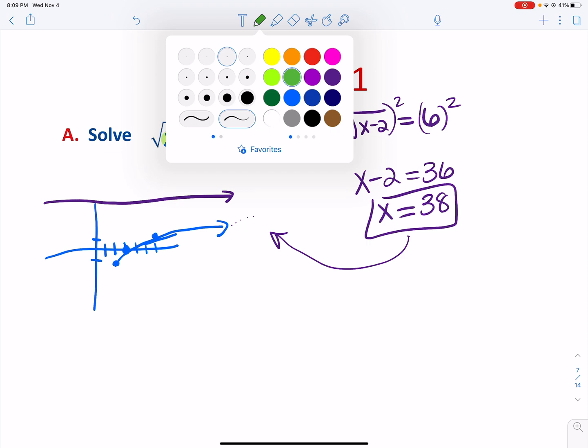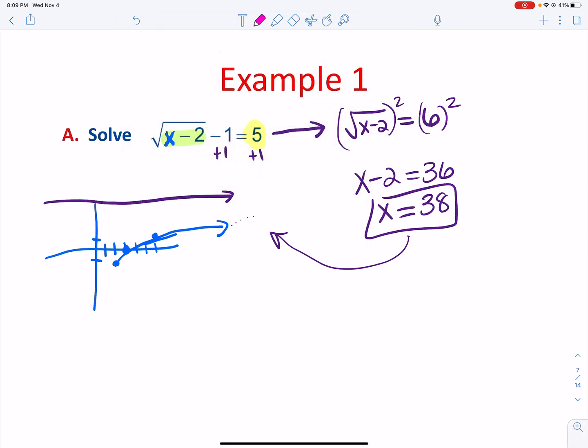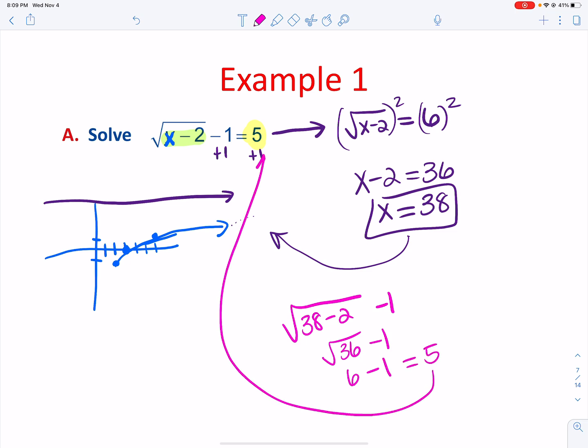But when you're doing these problems, I'm going to say to you, you have to check. It's not an option. You have to check, because what you got may not work. 38 minus 2 minus 1. So this would be 36, and the square root of 36 is 6, so my answer is 5. So it does work.